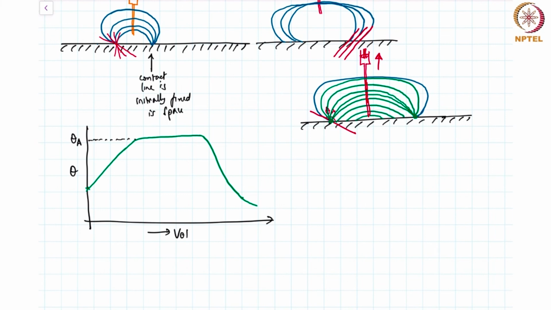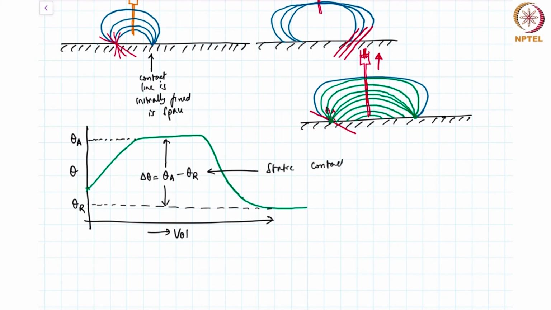So what we are now seeing is that there is a cutoff that happens here, and this lower limit we'll call the receding angle. So there is a maximum difference, delta theta, which is theta advancing minus theta receding, and this is referred to as the static contact angle hysteresis.